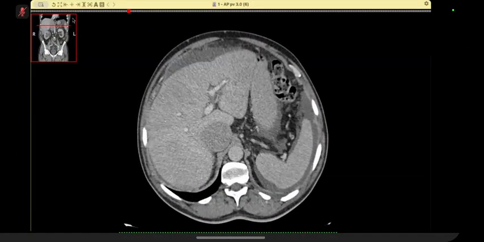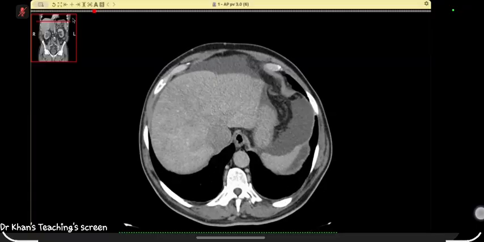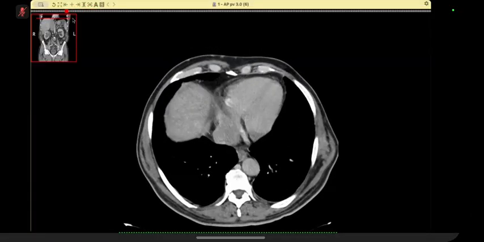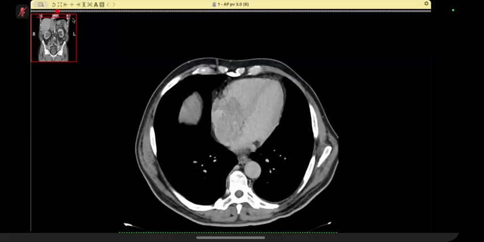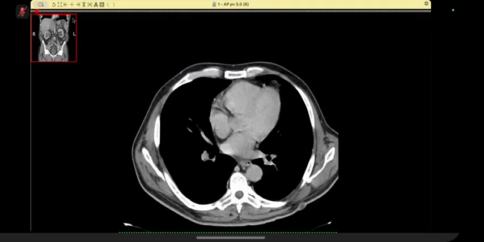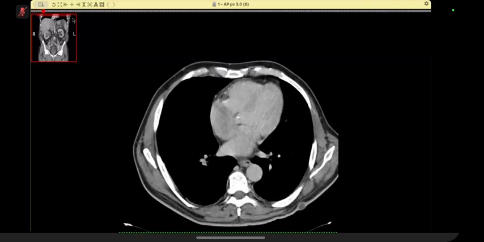The same density and the same distension of the IVC is still noted within the intrahepatic part of IVC. I'm trying to trace it down cranially so that I could see if this extends to the heart as well, which I can see, yes, there is the extension of the thrombus into the right atrium as well as into the right ventricle across the atrioventricular septum.